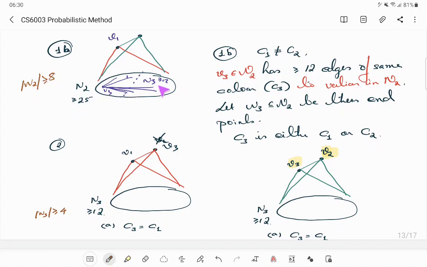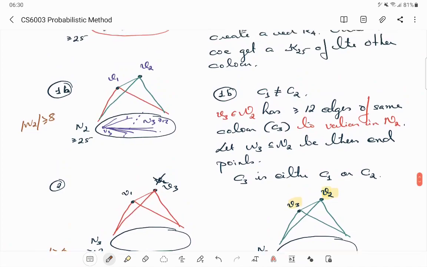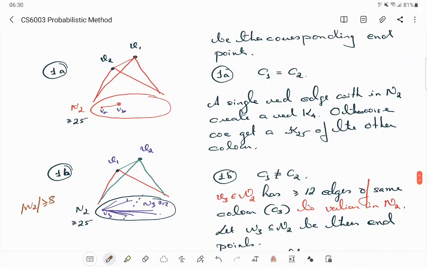If N2 is of size 8, then you pick V3. There are 7 more edges. If there are 7 edges and 2 colors, that's the smallest you need to guarantee that there are 4 edges with the same color. No, you don't need 8, 7 is enough because there is no 3.5 happening here, right? So you need 8 vertices in N2.